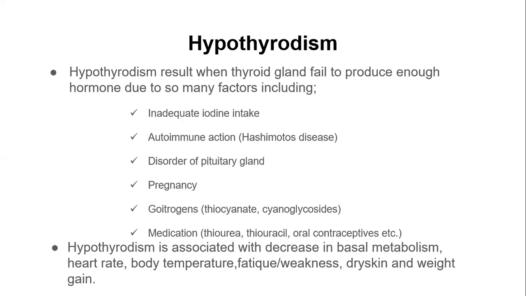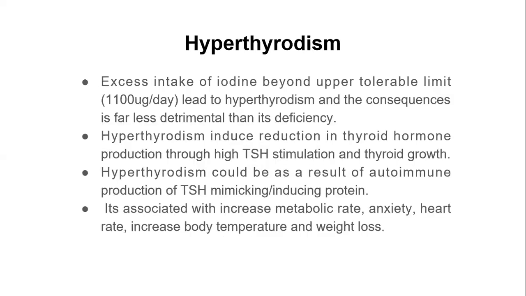And hypothyroidism is associated with a decrease in basal metabolism, high heart rate, body temperature changes, weakness, dry skin, and weight gain. The opposite is the case in hyperthyroidism, where we have a higher intake of iodine beyond the tolerable limit.